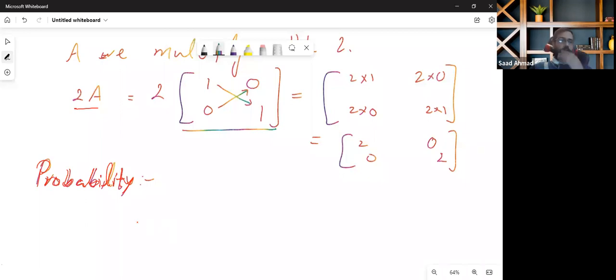So probabilities, we measure them between 0 and 1, okay?